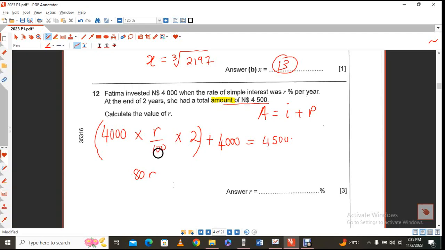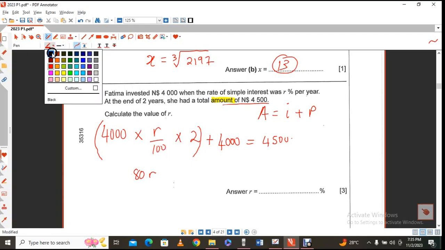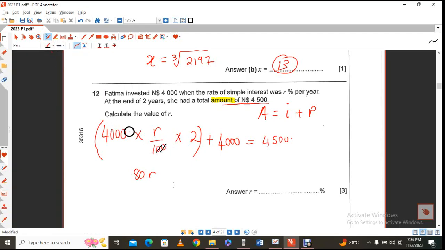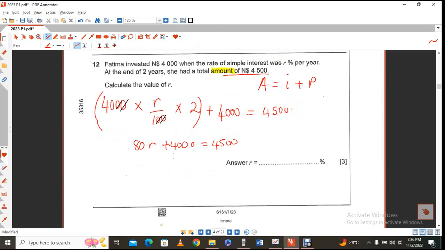So if we clean up this side, we do a little bit of maths by dividing by 100. That's 40 times 2, it's 80R. Then we add 4,000, and that should give us 4,500. The idea here is to make R the subject, or to solve the equation for R. So 80R is equal to 4,500 take away 4,000, and 80R is equal to 500.